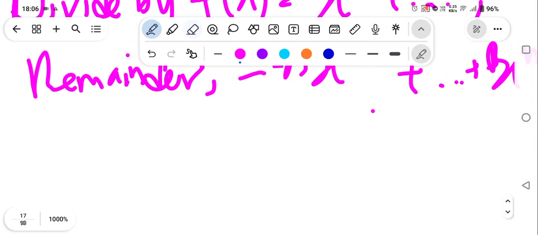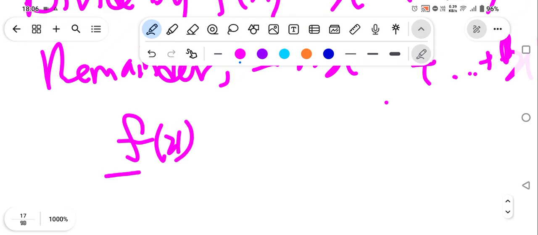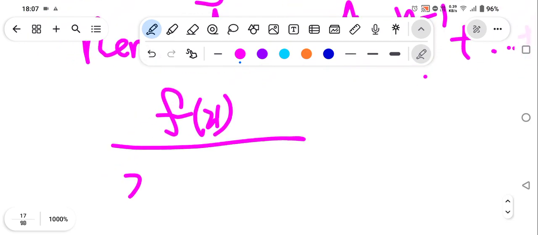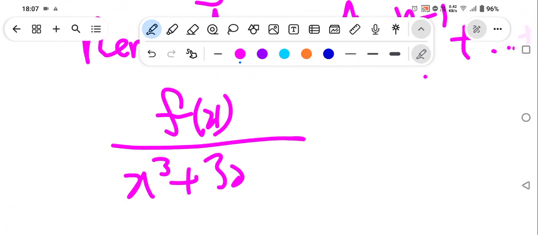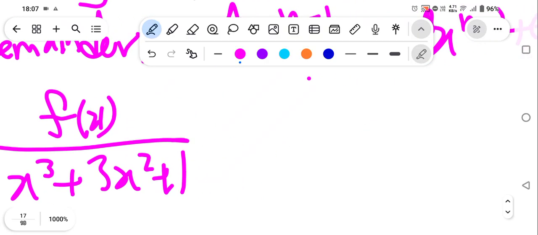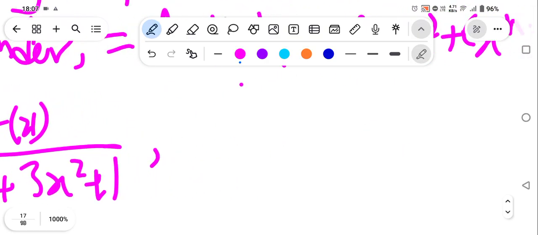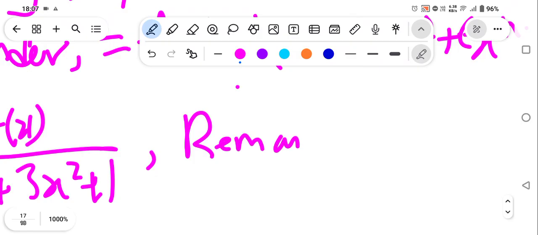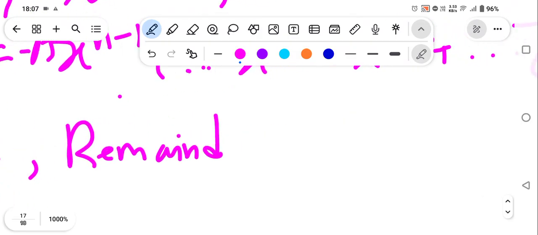So let's say we have f(x) divided by x cubed plus 2x squared plus 1. So what could the remainder possibly be?